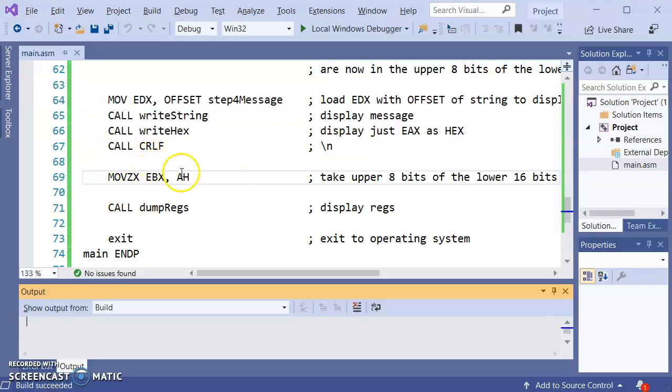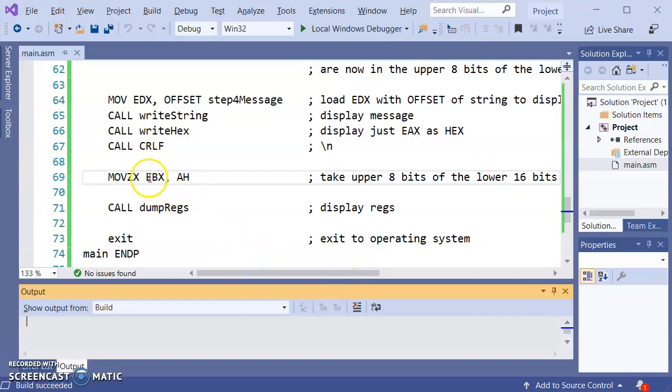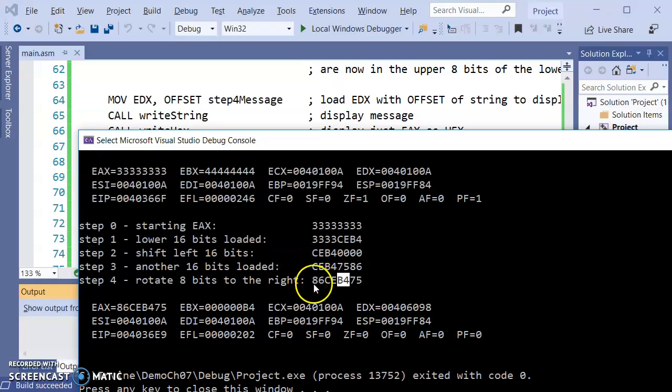So I took the AH, loaded it into EBX and did a zero extend. If I look at this register dump, there are those 8 bits in there as well.